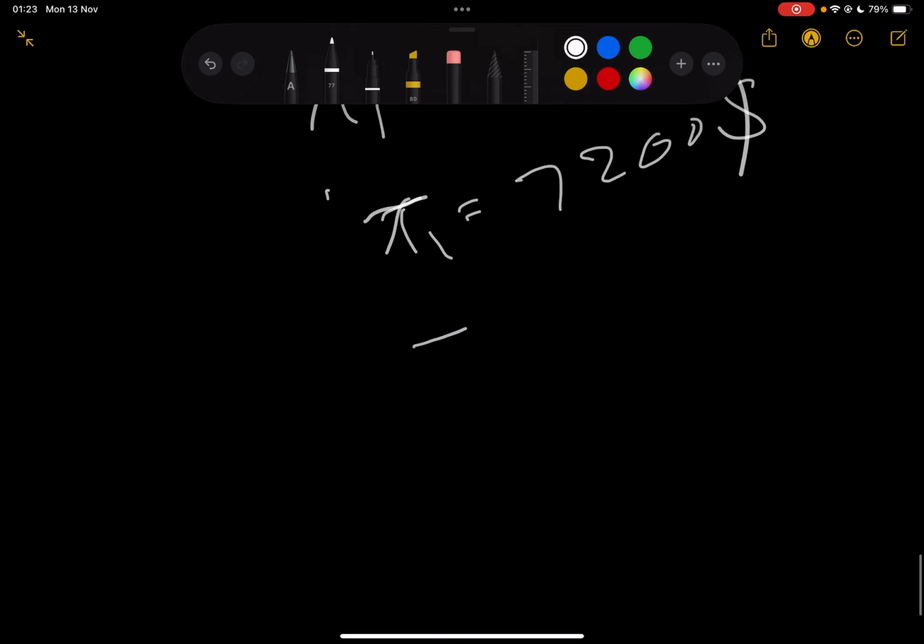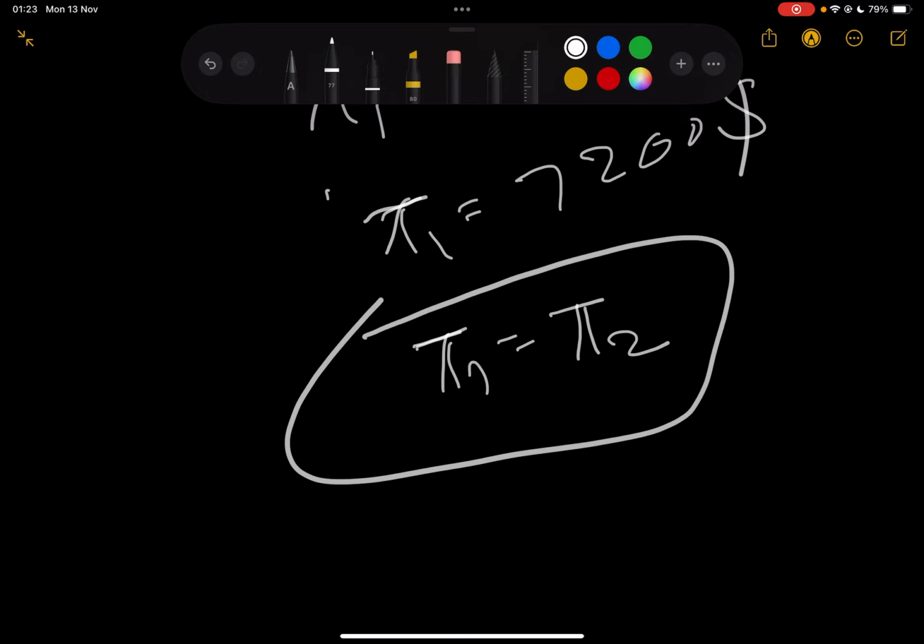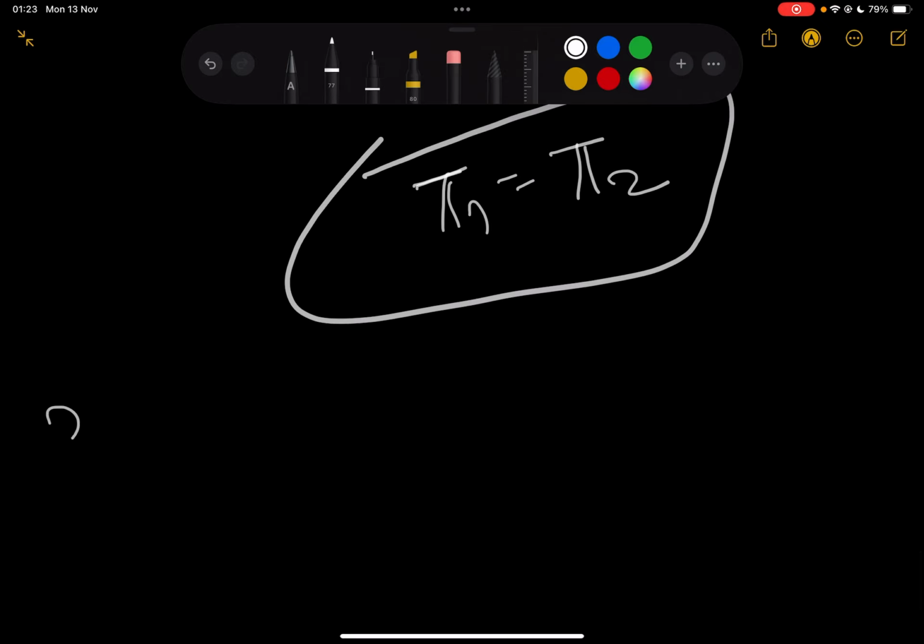Now, the profit for firm 2 will be the same as firm 1 because we have the same cost function. All right. And there's a third case, when firm 1 cheats firm 2. In this case, firm 1 doesn't produce the quantity that they agreed to jointly produce in the market, because firm 1 wants to cheat firm 2. So it's not going to produce the same quantity that firm 2 will produce.